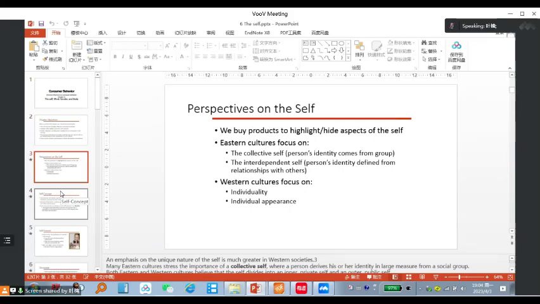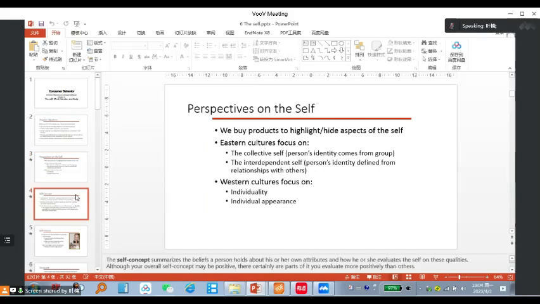And different cultures focus on different levels of self. Especially Eastern cultures focus on the collective self, the interdependent self. In contrast, Western cultures focus on the individual self, the independent self.